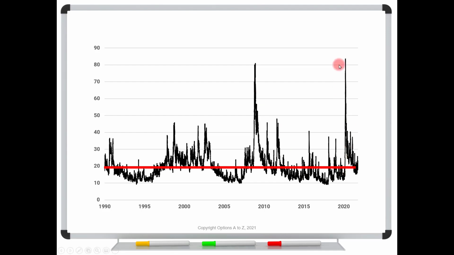During coronavirus, we could look at the VIX, see that it's just spiking off the chart, and we would be pretty sure that no matter which option you pulled up, Facebook, Amazon, Google, they are all going to be trading at high volatilities. So that's another good use of the VIX. It just gives you a general idea of the overall volatility in the market.